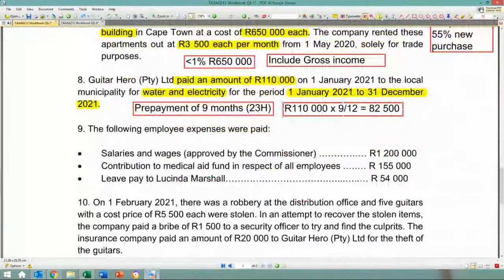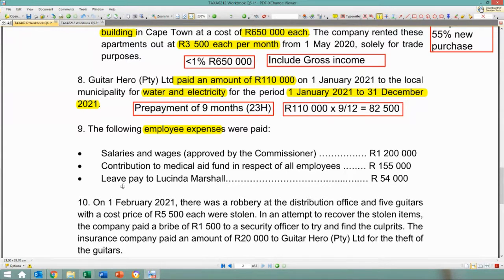Okay, then we've got the following employee expenses, which are your salaries and wages, which was 1.2 million. Then your contribution to your medical aid fund, which was 155,000, and then leave pay of 54,000. Now the leave pay, because we've actually paid it, does not fall under the provision section, which is specifically excluded.